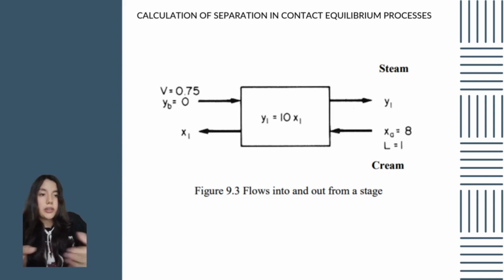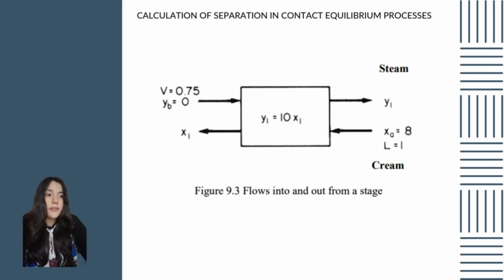The process starts with contaminated cream that has an initial concentration of 8 ppm of impurity. This cream is then brought into contact with pure vapor, which contains no impurity. During this interaction, the impurity transfers from the cream to the vapor. To calculate how much impurity is left in the cream after one stage, we use a formula that combines the equilibrium and the flow rate relationship.